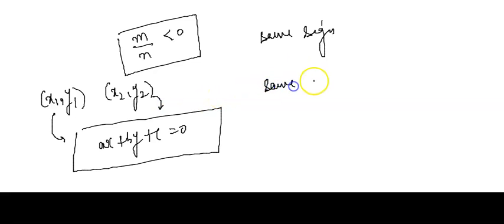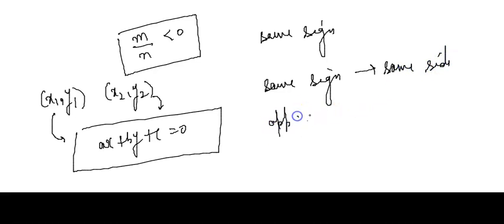If they are of the same sign, then they lie on the same side. And if they are of opposite sign, meaning one is positive and one is negative, then they lie on opposite sides.